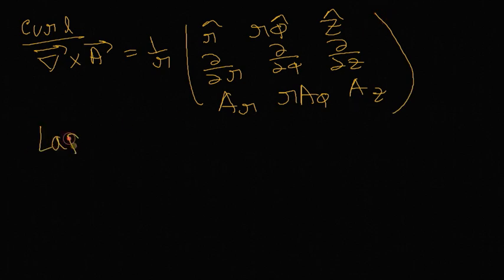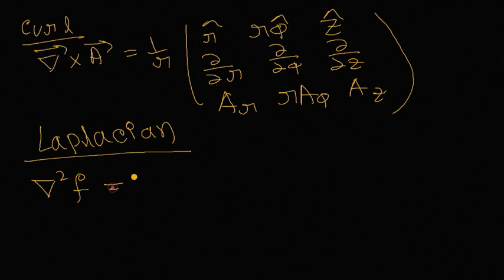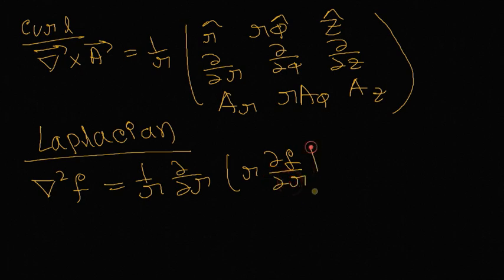Next is Laplacian. Laplacian will be del square f equal to 1 by r del r of r del f del r plus 1 by r square del square f del r square.